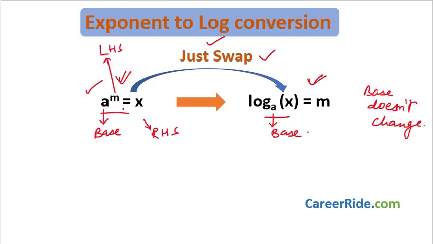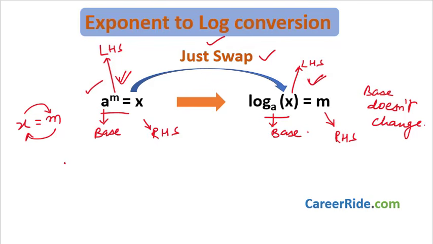Coming to the logarithmic part, note that the positions get interchanged now. m has come to the RHS side while x has gone to the LHS side of the equal to sign. So x and m are swapping their positions with respect to the equal to sign.